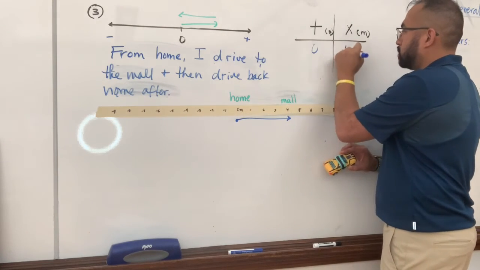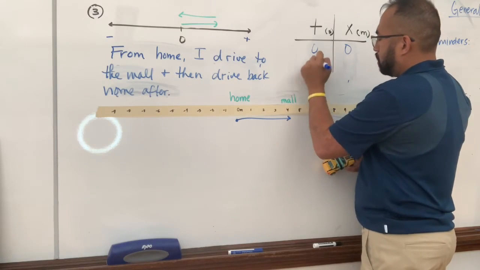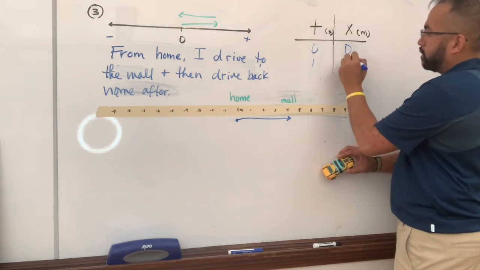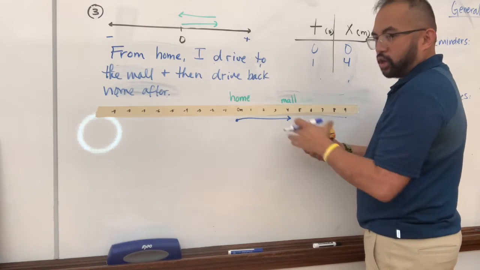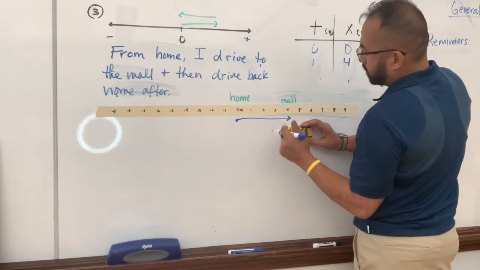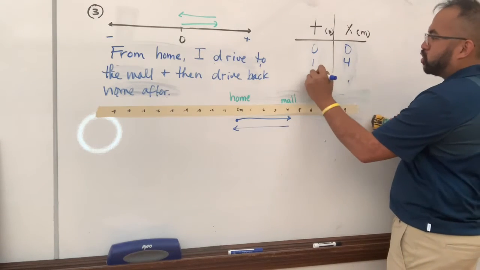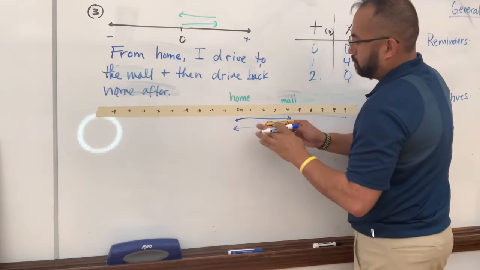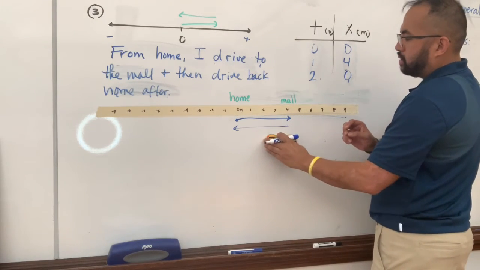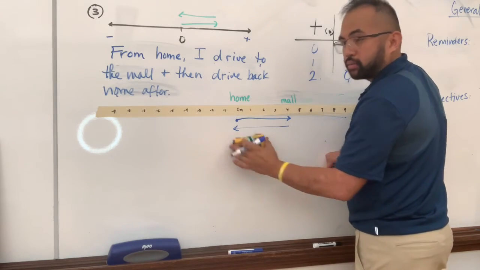So 0, 0. At time 1, you are at 4 meters. So then, like we said, we're going to head back home. So at time 2, we are back at 0 meters. So we went from here to here, and then afterwards we went from the mall back home right away.